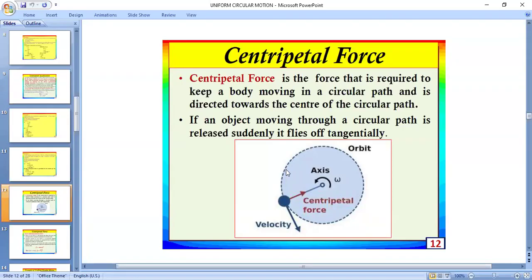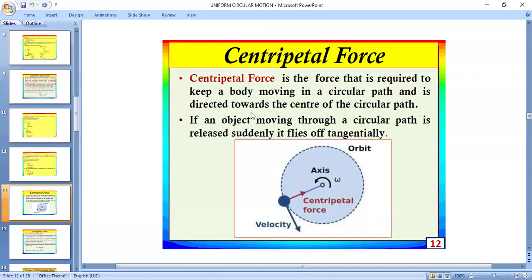So you will find some books even saying that centripetal force literally doesn't exist. But you should understand that it's a force which is provided for by other forces, e.g. tension and friction. Now, from Newton's second law of motion, Form 3, we said that F equals ma.